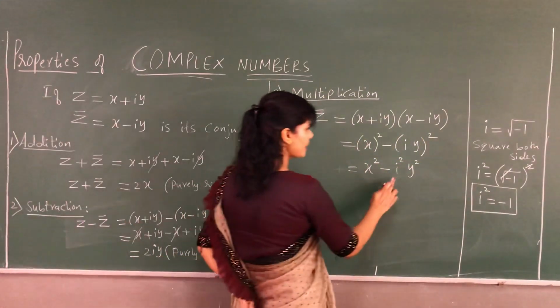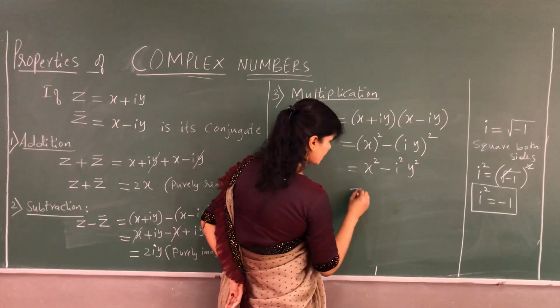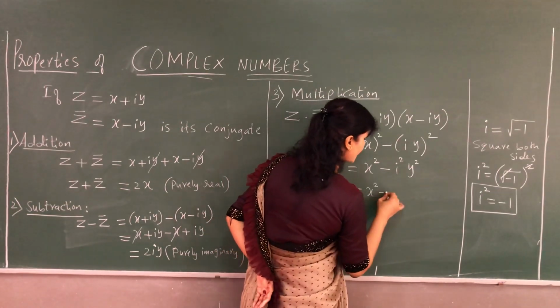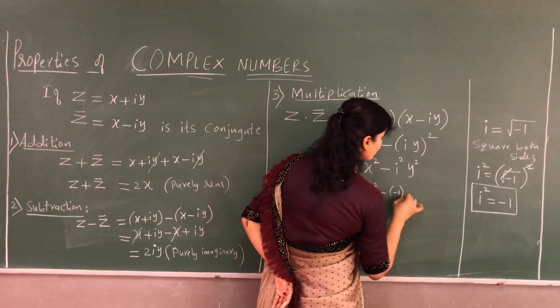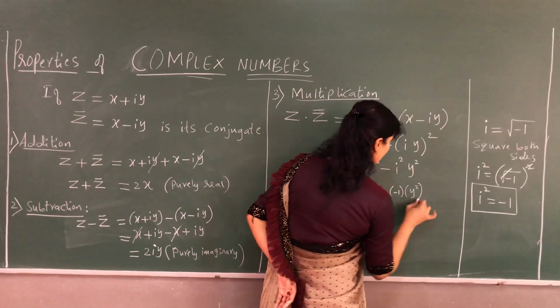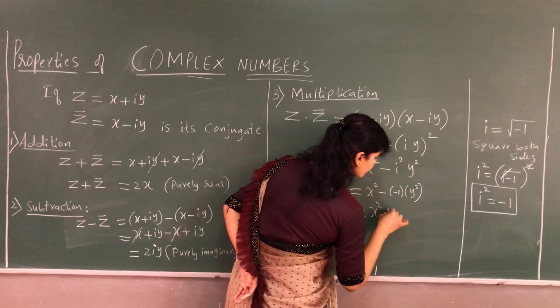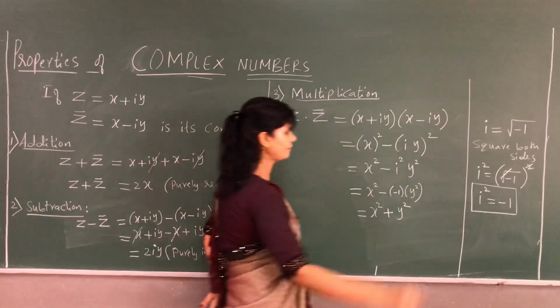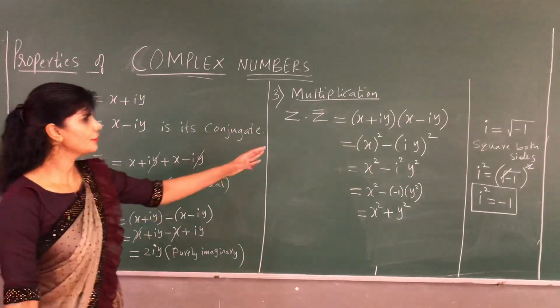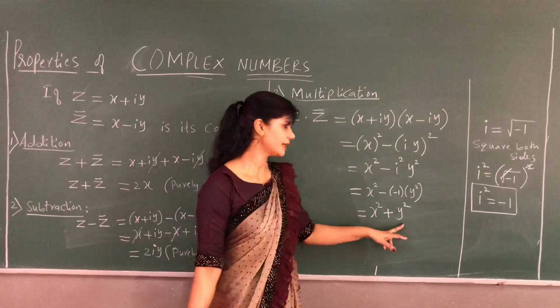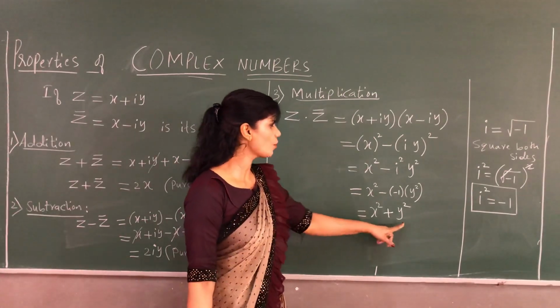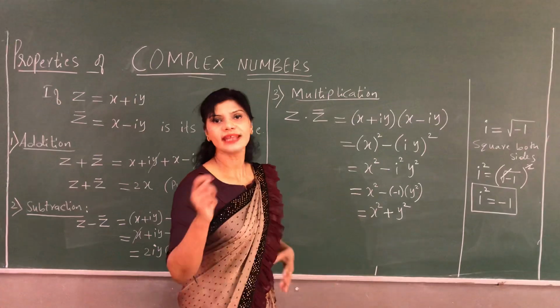So I can replace i square as minus 1, children. x square minus of minus 1 into y square. So it is nothing but x square minus into minus plus y square. Okay students, look here children, it is x square plus y square. So i is missing.